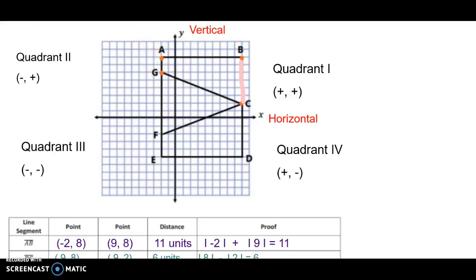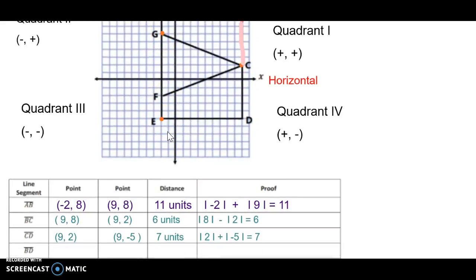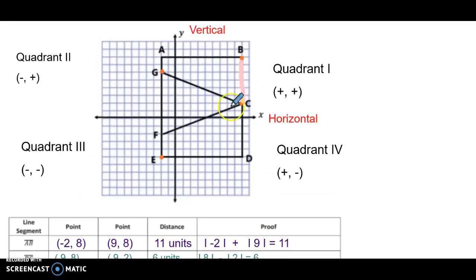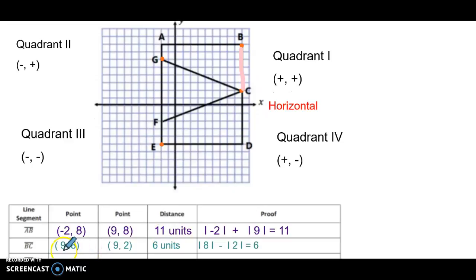Another example could be line segment G and F, or G and E, because they're vertical. They're going up and down. They create a vertical line segment. So you would just fill in those 2 endpoints. If I chose to do line segment BC, then my 2 points I would put down are 9, 8 and 9, 2.